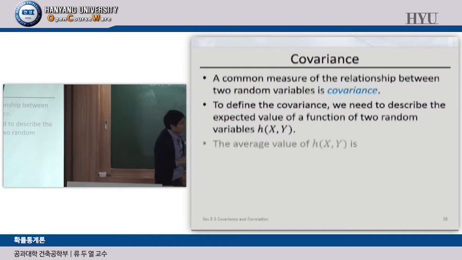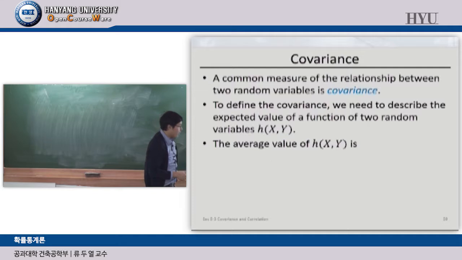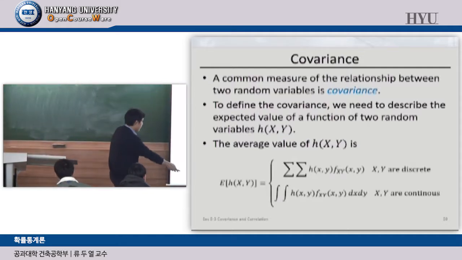Okay? So the average value of h(X, Y) is given by the following equation. That is, the average of h(X, Y) is equal to the double summation of h(X, Y) times the probability mass function. Okay? This is the case of the discrete random variable.